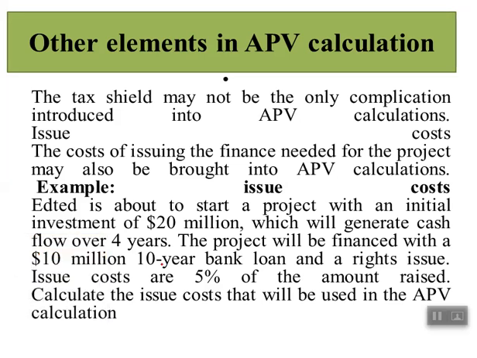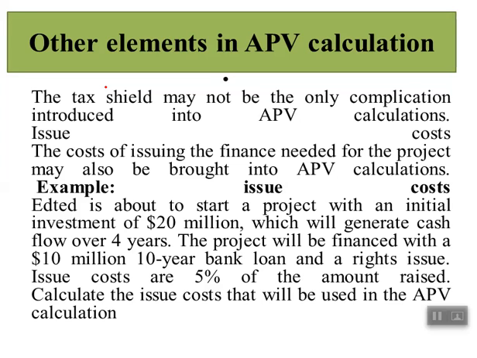So let's look at another important part. Sometimes a company may issue a debt, but in issuing a debt there are some costs that a business may incur, called the issue cost. If the company has incurred some cost, then those costs should be considered when we are computing our adjusted present value.